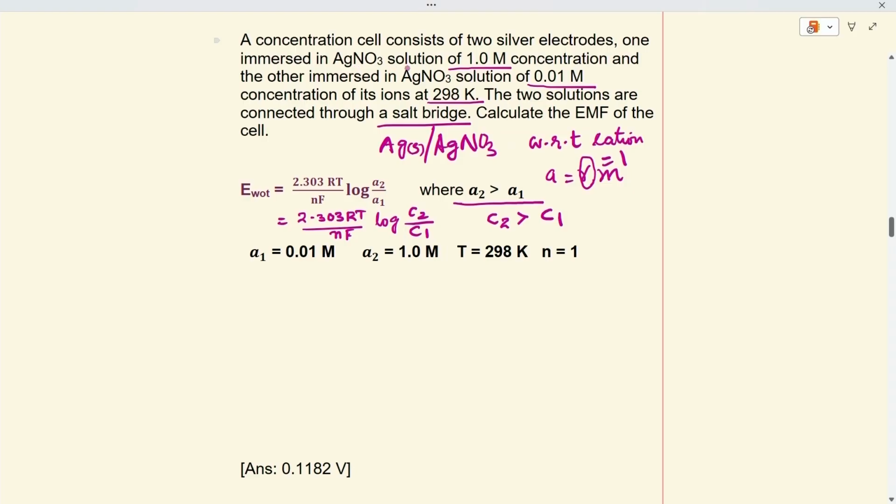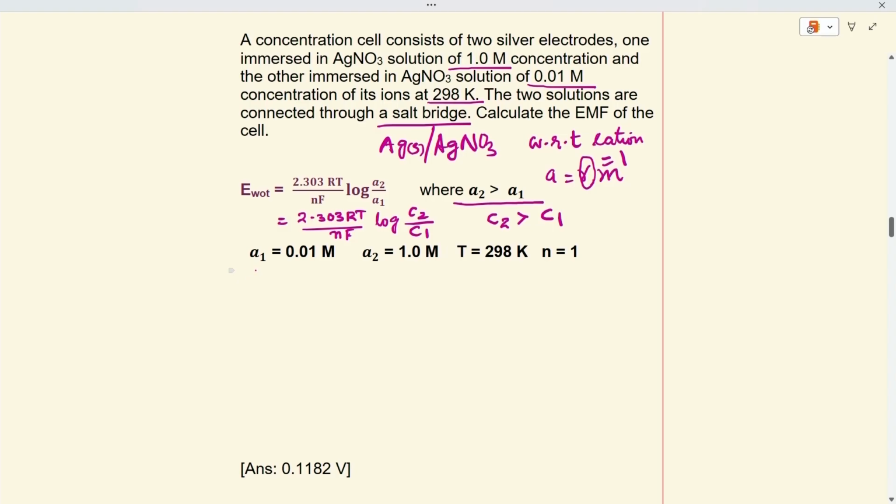Now, while choosing the concentration, they have just told that we are having 2 silver electrodes, one immersed in silver nitrate solution of concentration 1 molar, the other one in 0.01 molar. So, which should be taken as C1 and which should be taken as C2? If we consider the activities, you can put it as activities also, because gamma is equal to 1.